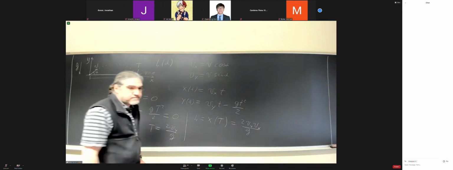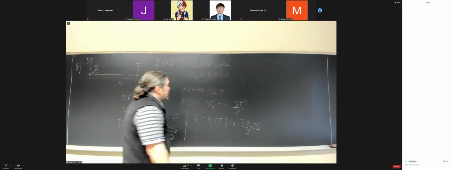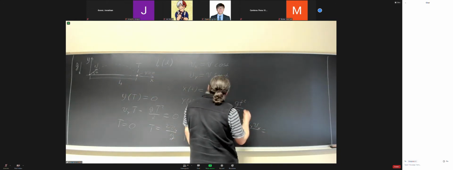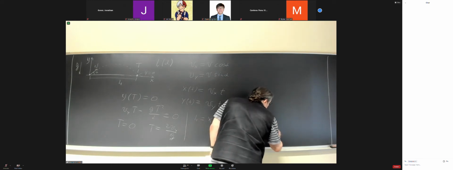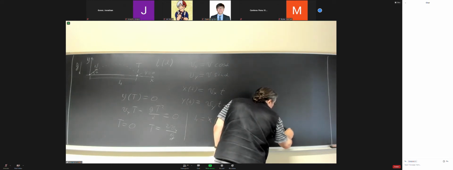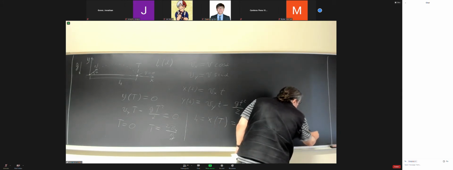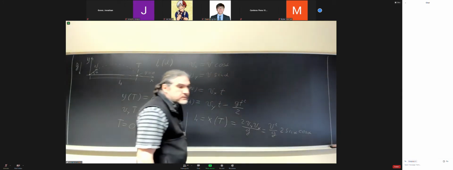Okay. Now I know vy and vx, the initial velocities. So what I have here is v squared divided by g times 2 sine alpha times cosine alpha.